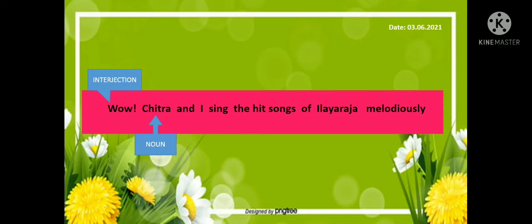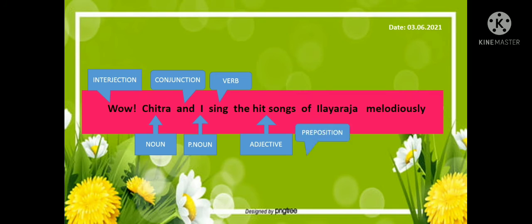Finally, all the parts are included in only one sentence. We can find them: Wow, Chitra and I sing the hit songs of Ilayaraja melodiously. Wow is an interjection. Chitra is a noun, and is a conjunction. I is a pronoun.